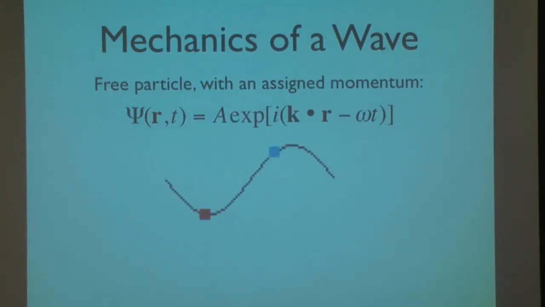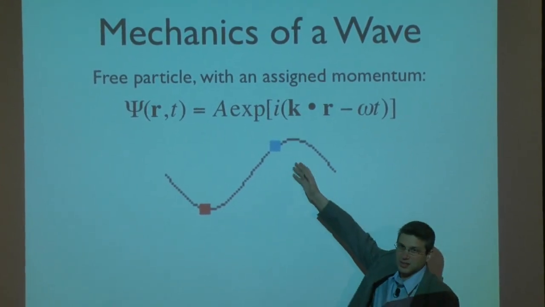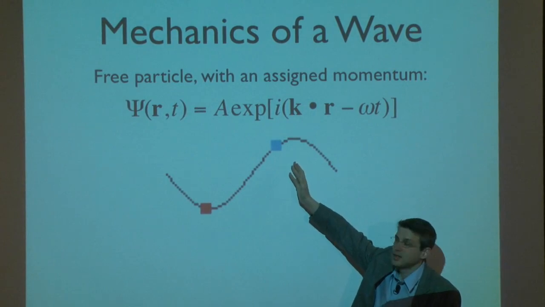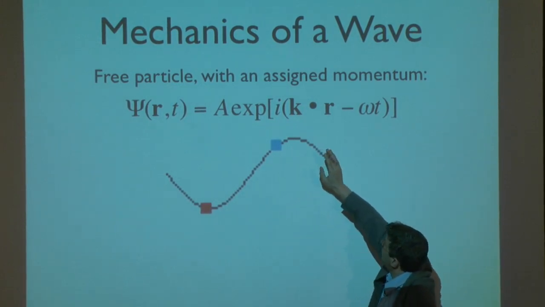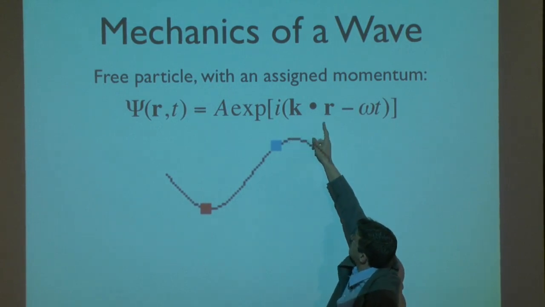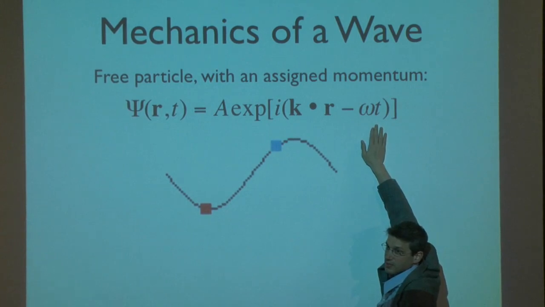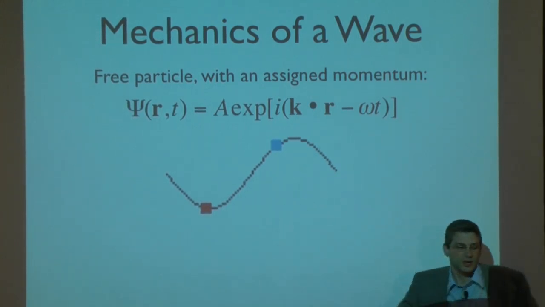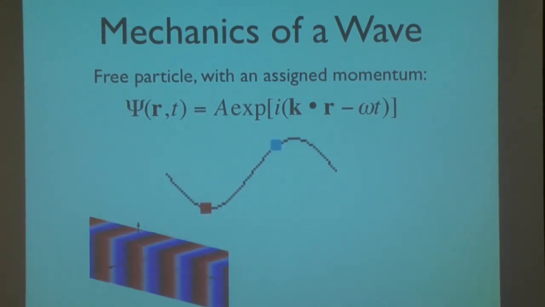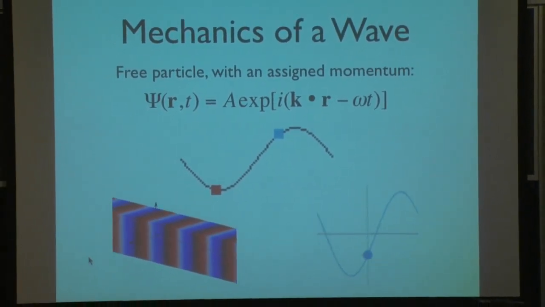And so the simplest way to write down a wave is what's called a plane wave, which is just a cosine, or a cosine plus sine, where you have an amplitude, and then you have this vector k dot the spatial position, and then this frequency times the time, right? So this is the simplest way to write a wave, and you can find nice little animations on Wikipedia of what a wave like that would look like.